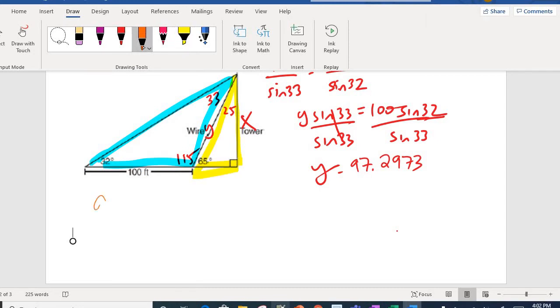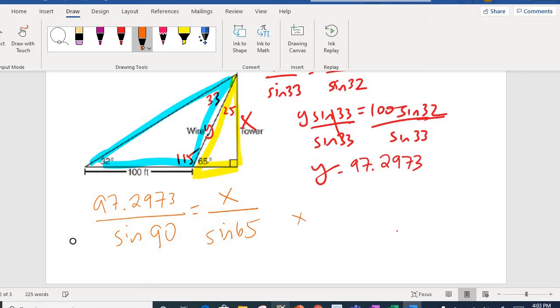Okay, so I'm going to take the 97.2973. That's across from the 90, isn't it? And then x is the side we want to find, and that's going to be across from the 65.